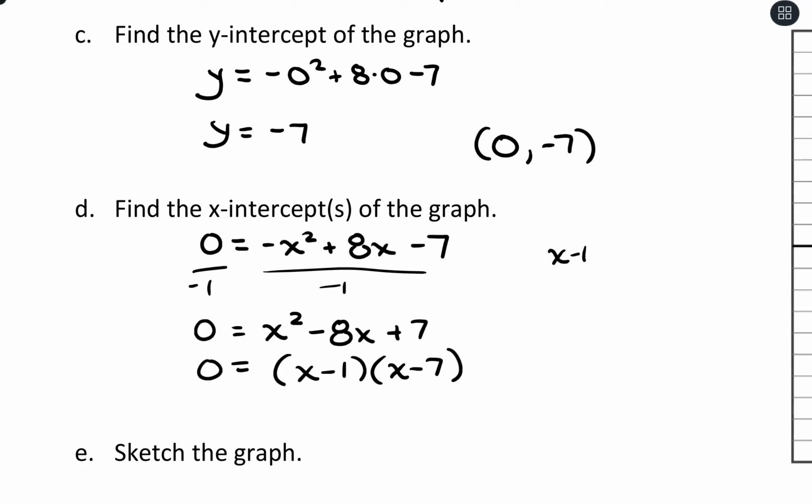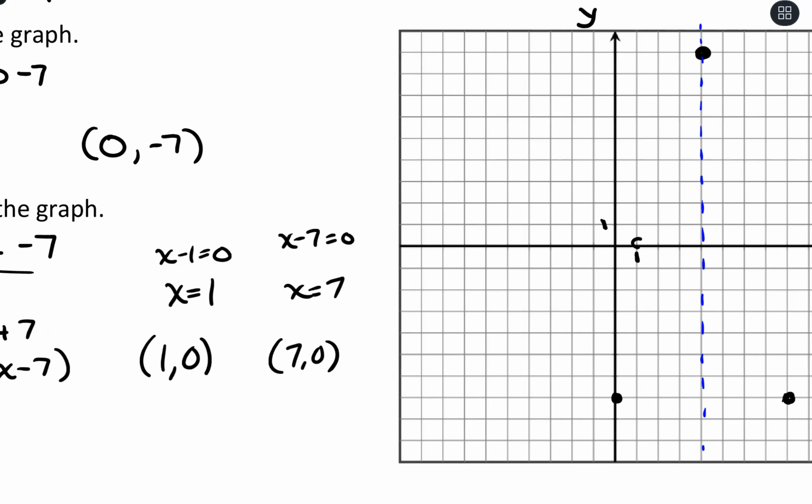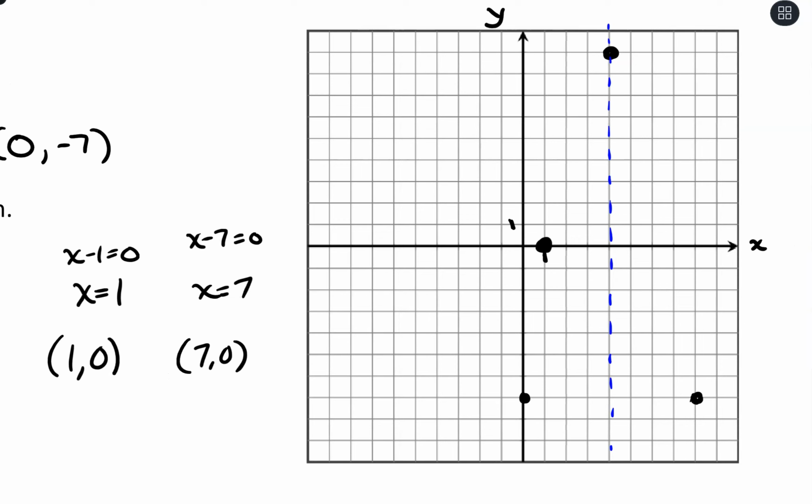So x minus 1 equals 0 would solve to be x equals positive 1. So there's one coordinate. x minus 7 equals 0 would give me x equals positive 7. So I'd have (1, 0) and (7, 0). Like that. That's a pretty good amount of information to get a decent shape of the parabola there.